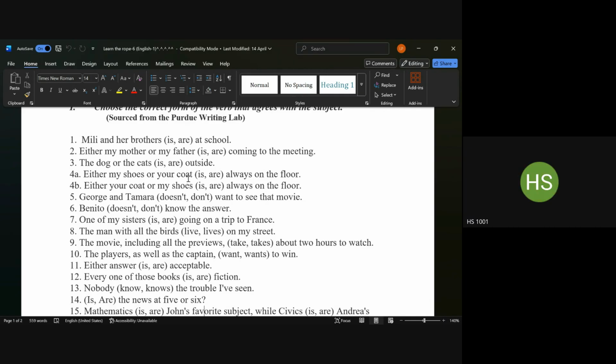The nearest noun, the subject, right? The nearest noun is plural. If I am going to change the order of their appearance, if I say the cats or the dog, then what happens to the sentence? Is outside. Again the same principle, right? You're going to use the subject that is closer.